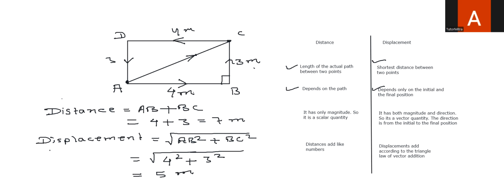But displacement would be, because we are joining the initial and the final positions, the initial point is point A and the final position is the point A itself. So displacement is 0 in this case, right? Now let us take one more example before we conclude this.